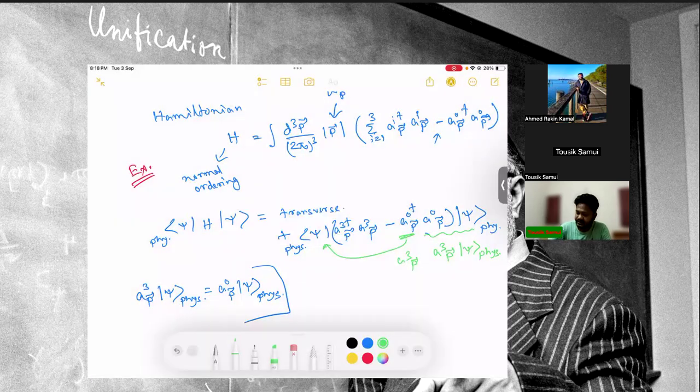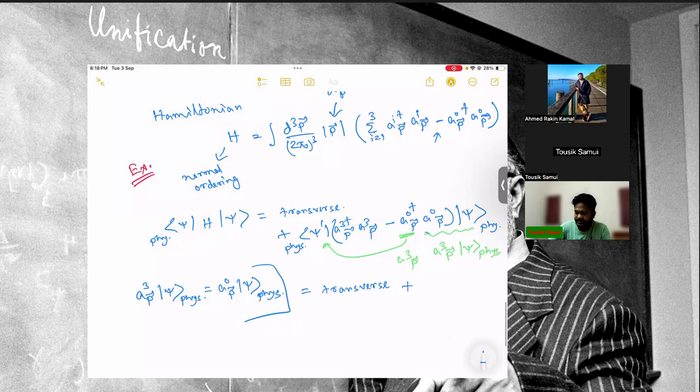It need not be psi, it can be psi prime as well. So the transverse part will be there, but the longitudinal and the timelike parts actually cancel and give us a big zero.